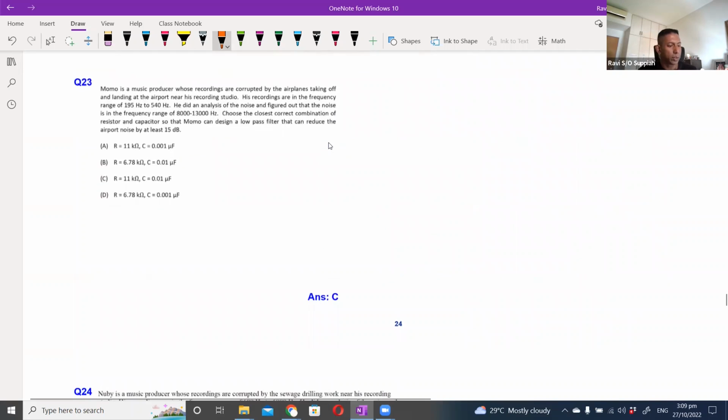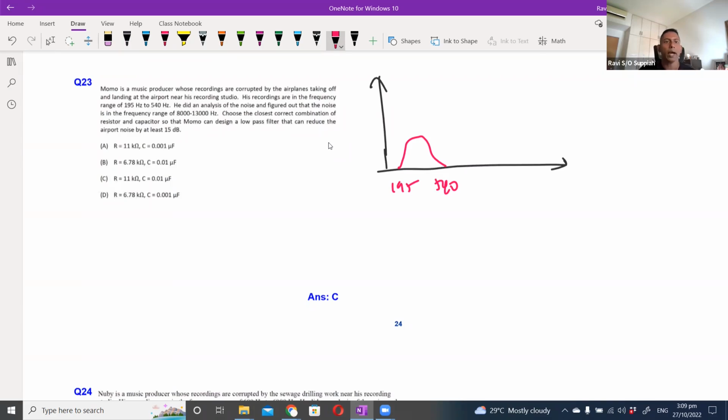Question 23 is very similar. Let me just draw out the spectrum first. The signal that you want is here to here, which is 195 to 540, and the noise that you do not want is in the range of 8,000 to 13,000, somewhere here.